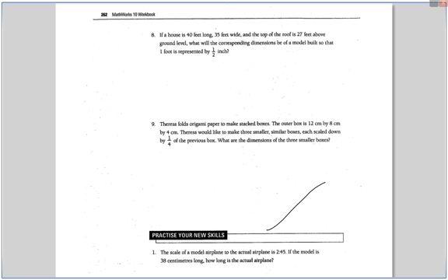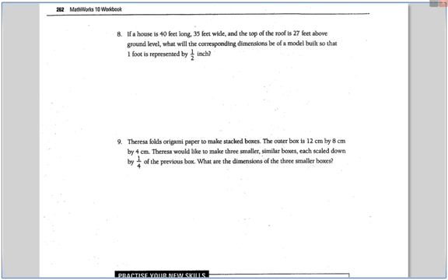2 questions here. It says if a house is 40 feet by 35 feet and the top of the roof is 27 feet above ground level, what will be the corresponding dimensions of a model built so that 1 foot is represented by 1/2 of an inch? So if 1 foot is represented by 1/2 of an inch, I'll just change 1/2 to a decimal.